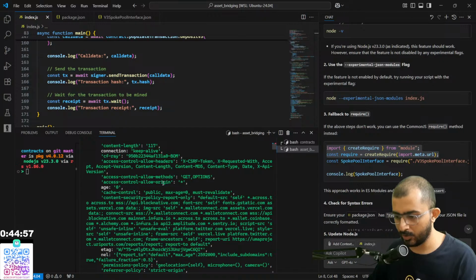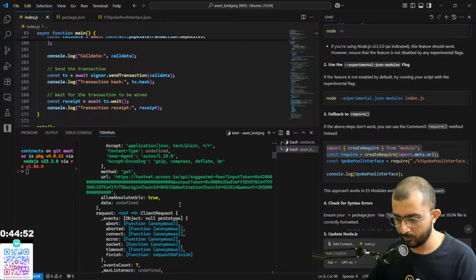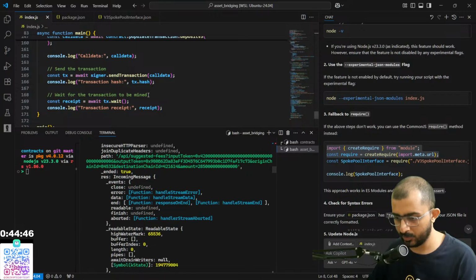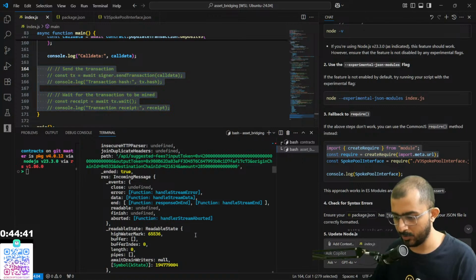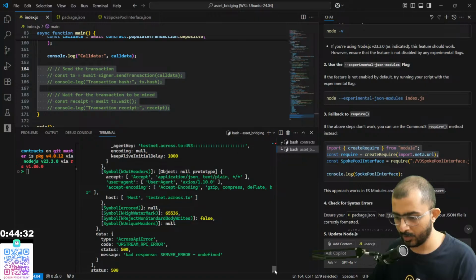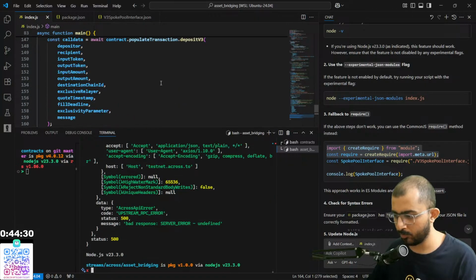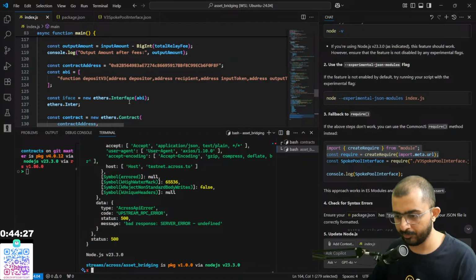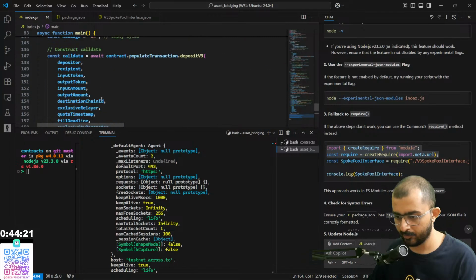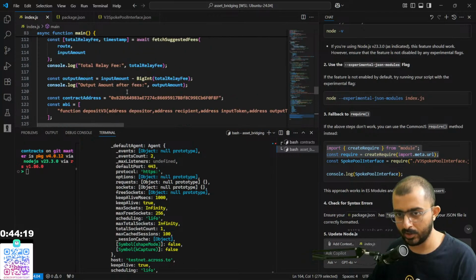Oh, I guess we got. Okay. Suggested fees. Let's remove this part and see what happens. Oh, we got a bad response from. Okay, we're not even here. At the transaction. We are still.